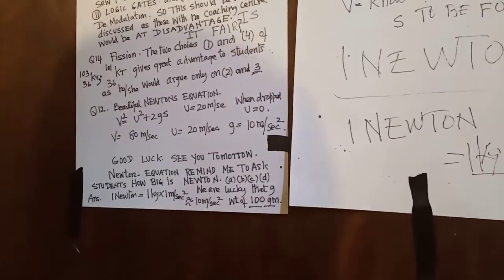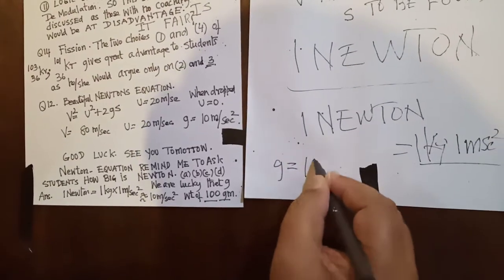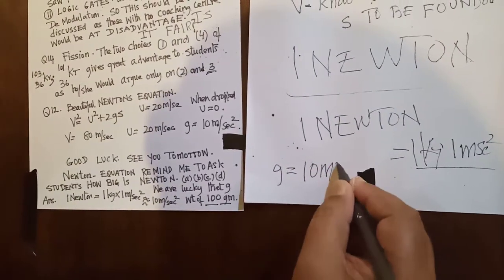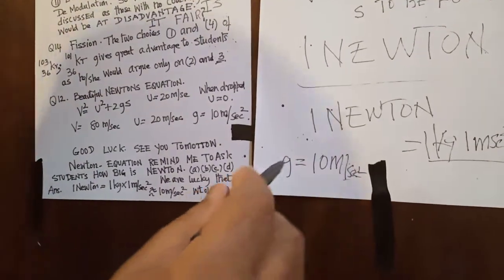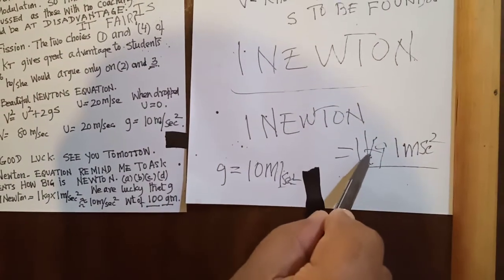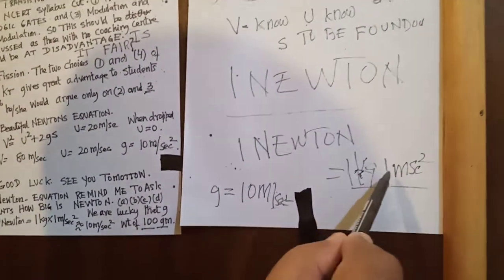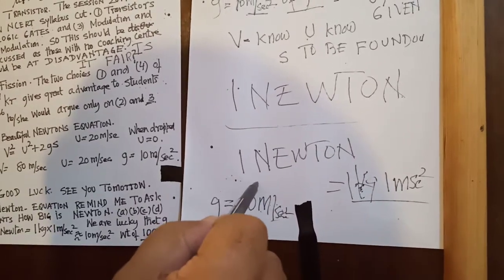We will try this. Suppose G at one place is 10 meter per second squared. When G is 10 meters per second squared, what will be this mass, so that this into 10 meter per second squared will be 1 Newton?